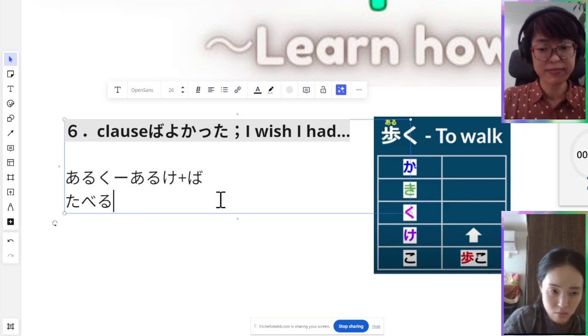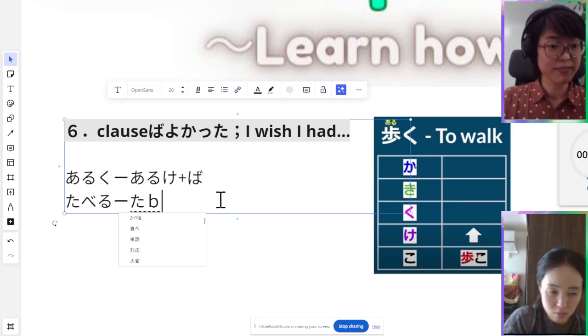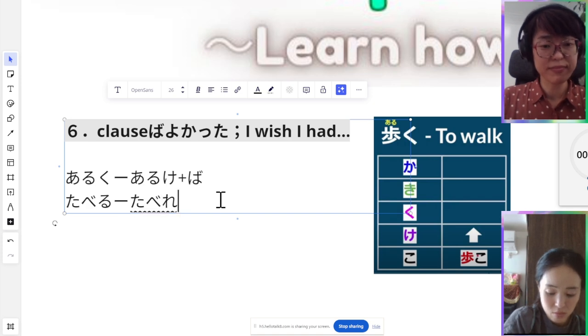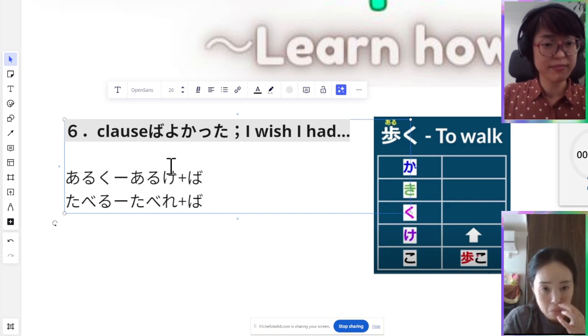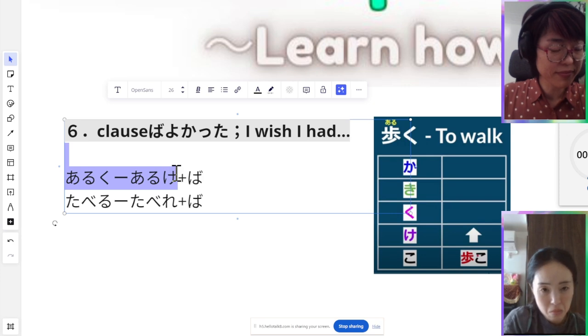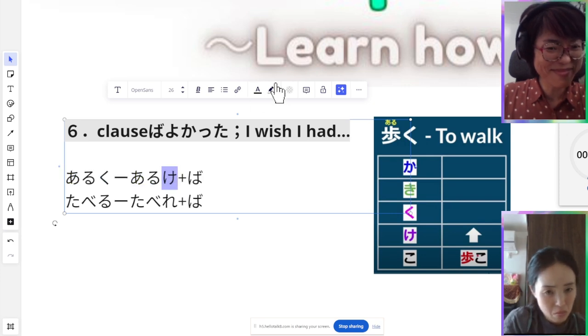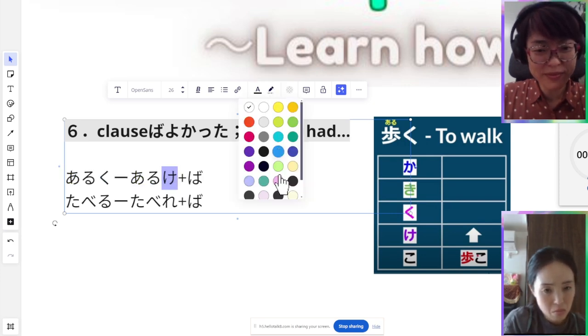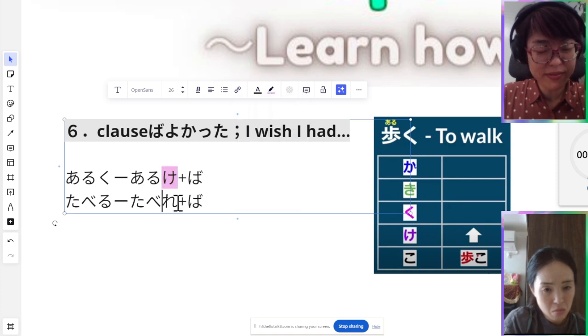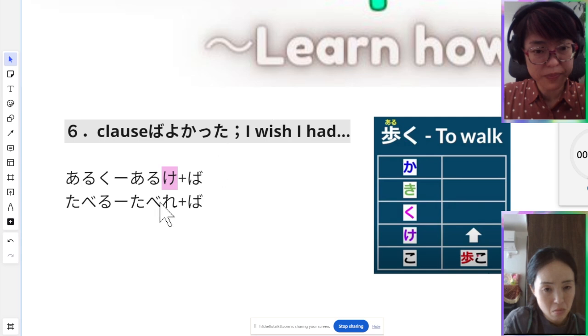The ba conditional isn't actually taught in Genki 2 until lesson 22, I believe. But they're teaching you a grammar form that requires the ba form in this lesson. We're on lesson 18, and they're about to teach you the grammar point ba yokatta.